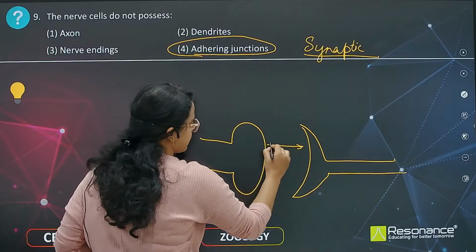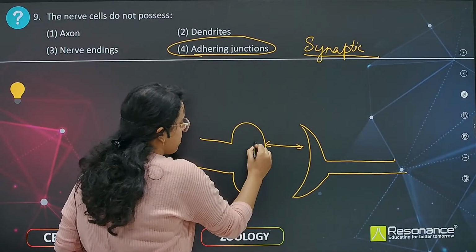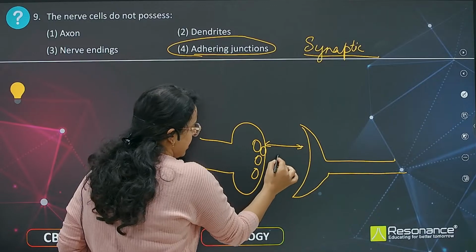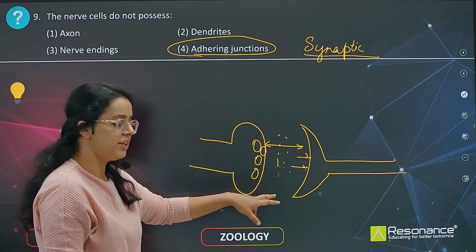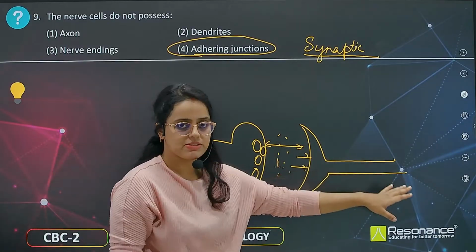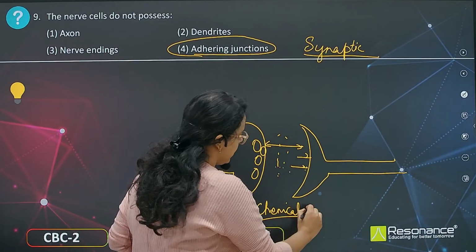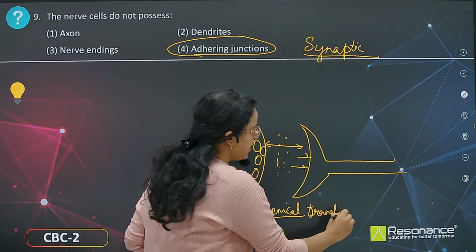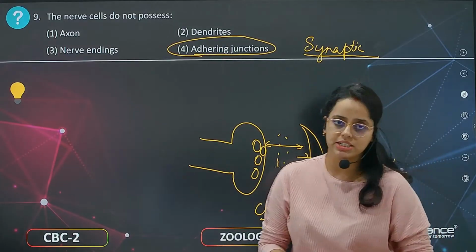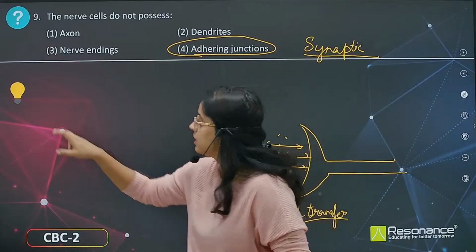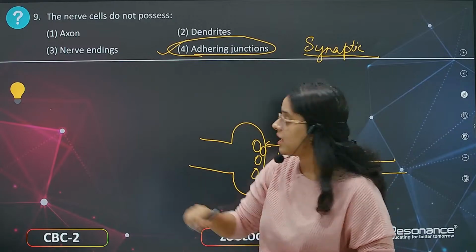There is a very minute space between these junctions. Neurotransmitters are released in this space and get attached to the dendrite membrane or muscular membrane and start the impulse again. This type of chemical transfer is seen in synapse. So synaptic junctions are present and adhering junctions are absent in the nerve cell. Adhering junctions are present in epithelial tissue, not in nerve cells. So the answer is adhering junction, which is absent.